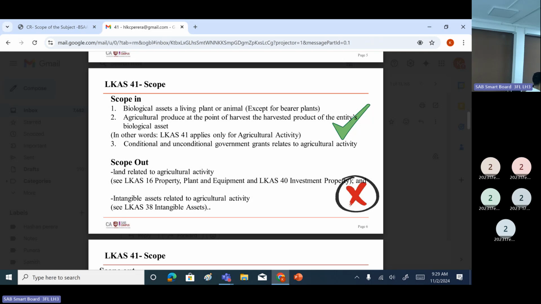These animals should be treated as biological assets. Then vaccines and treatments and all those things we can consider agricultural activities. The activities taken by the management to control the biological asset we consider agricultural activity. So conditional and unconditional government grants relate to agricultural activity. Government grants, what do you mean by that?